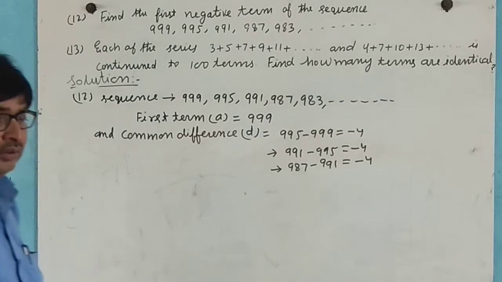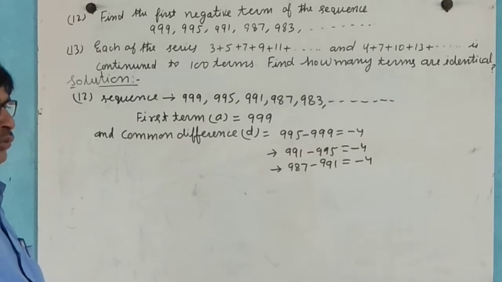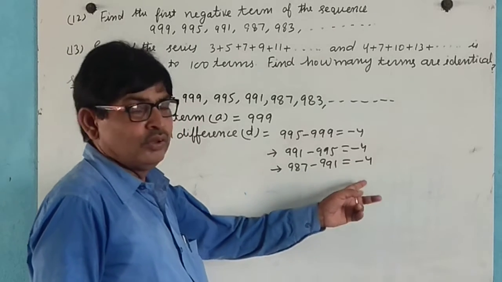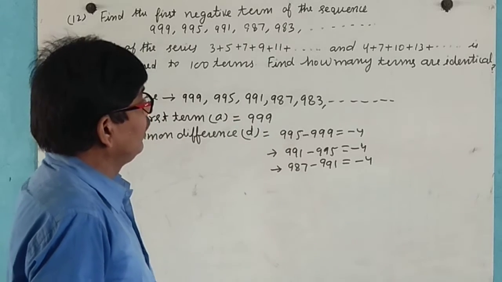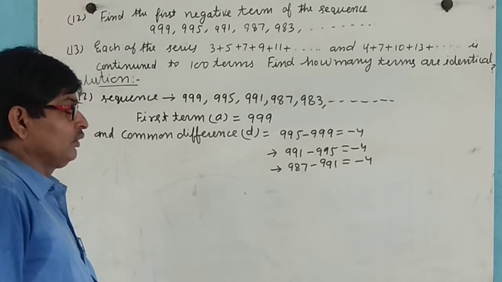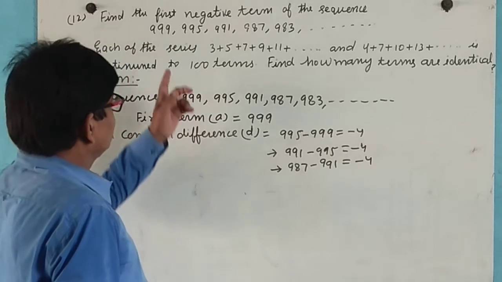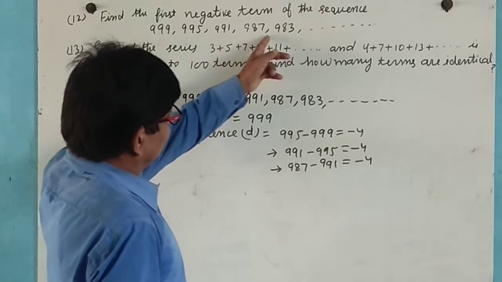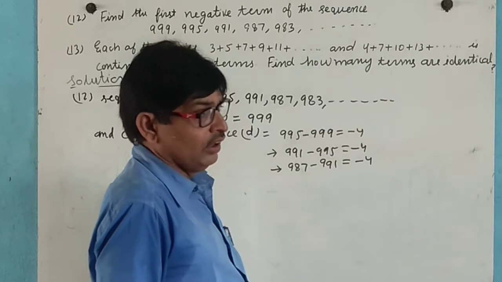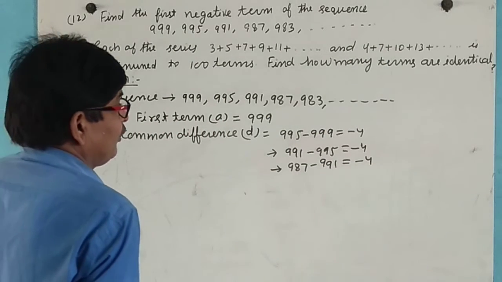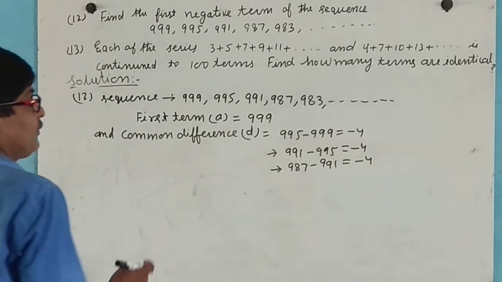Here the difference of two consecutive terms is a constant quantity equal to -4, so this is in arithmetic progression and the common difference is -4. So this is in decreasing order and it must have negative terms.